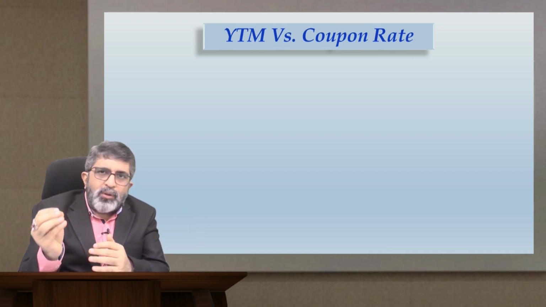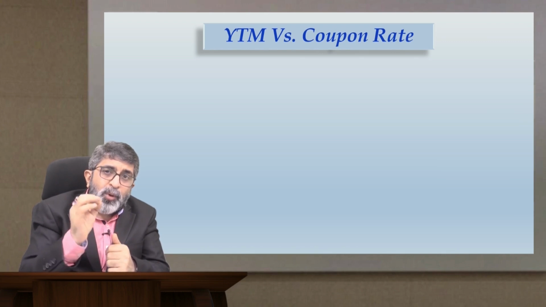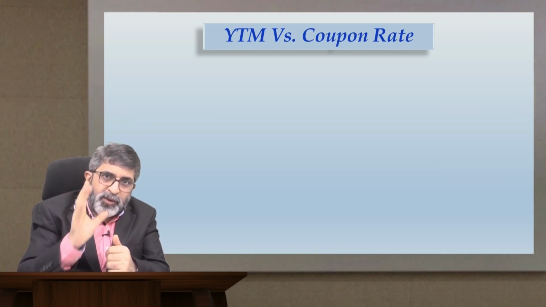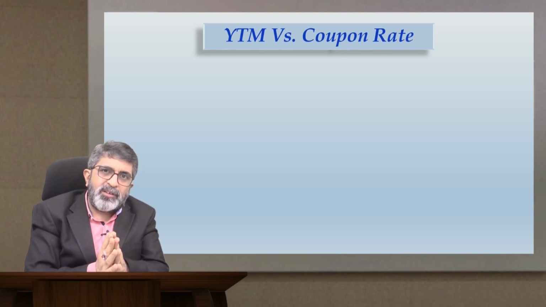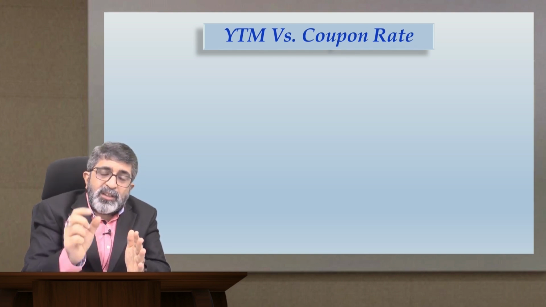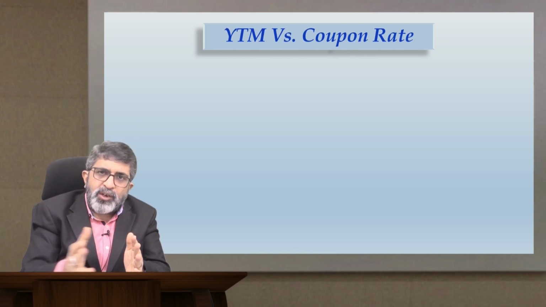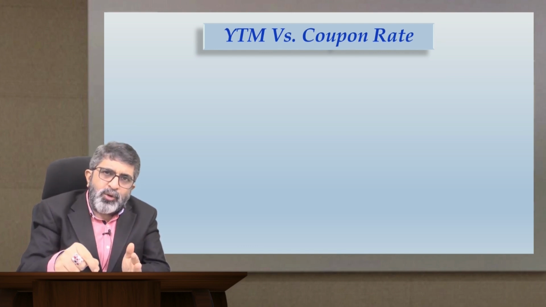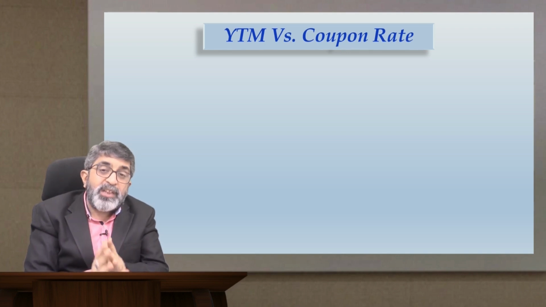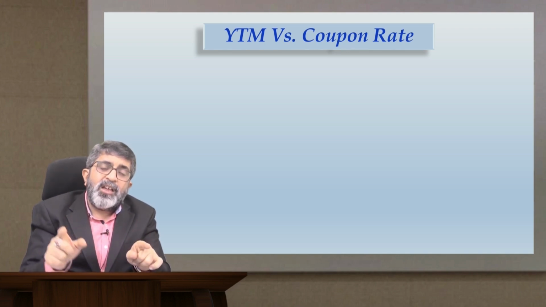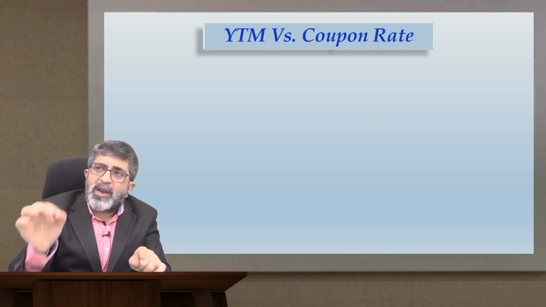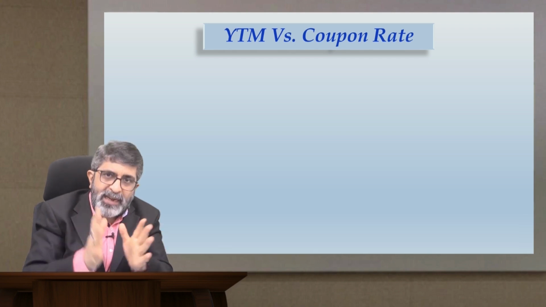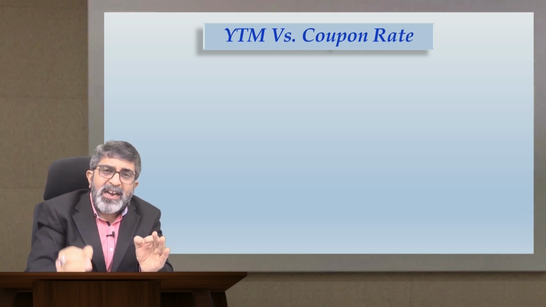Imagine that a bond's coupon rate is 6% and its yield is also exactly 6%. That means, the bond's par value being $1,000, to buy that bond today the price is also exactly $1,000. That means the bond in that case is traded at par. Traded at par means you can buy that bond by just paying the par value.